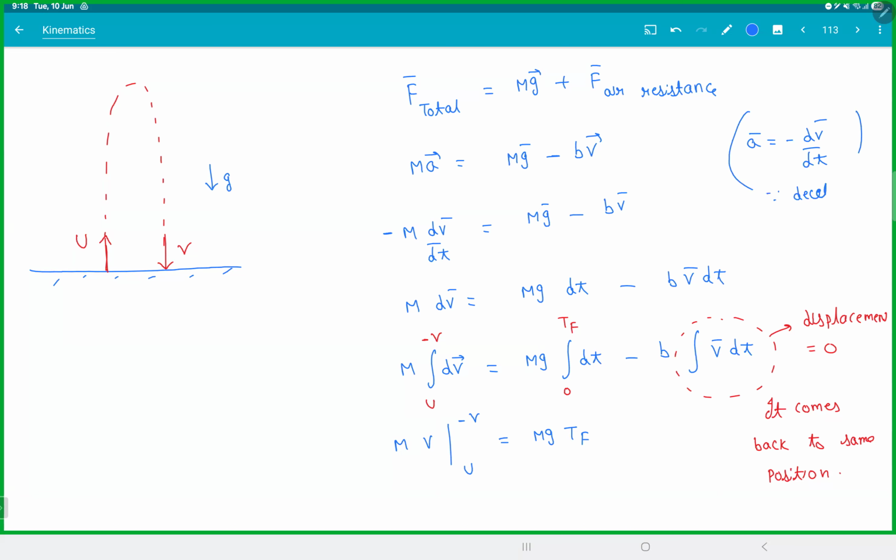A and B are opposite, right? So there you're getting the time of flight. m will cancel. This will be minus v minus u is equal to minus g into time of flight. So we get the answer. Time of flight is nothing but v plus u by g. There, that's your answer.